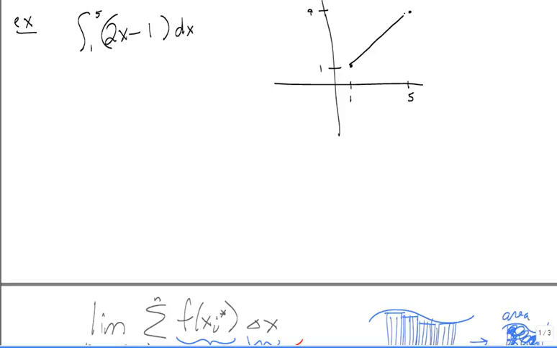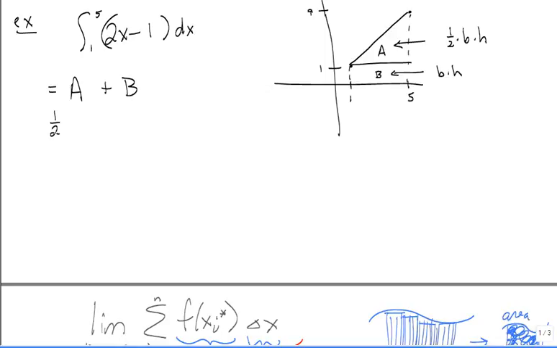So you could get this line. And since it's positive, it represents area. So we have the area of a triangle, which is 1/2 times base times height. And then we have a rectangle, which is just base times height. So let's say A plus B. So this is going to be the area A plus area B.